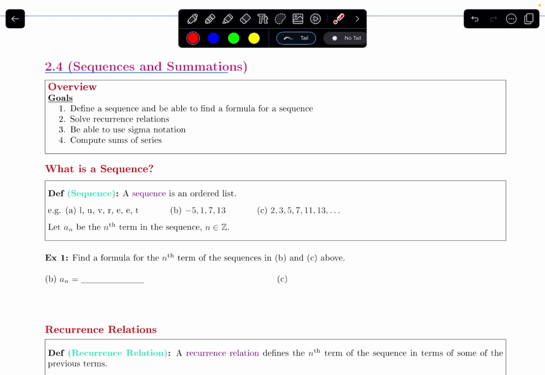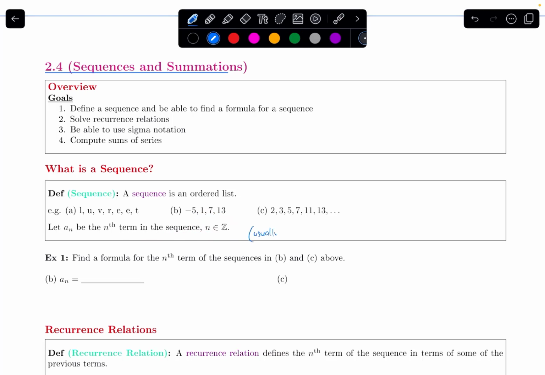In B, I have a sequence of these 4 numbers. In part C, I have a sequence actually of an infinite number of numbers because the ellipses indicates that it goes on forever. So I'm going to let a subscript n be the nth term in the sequence, where n is some integer. This will indicate, so we can indicate what the starting point of n is.